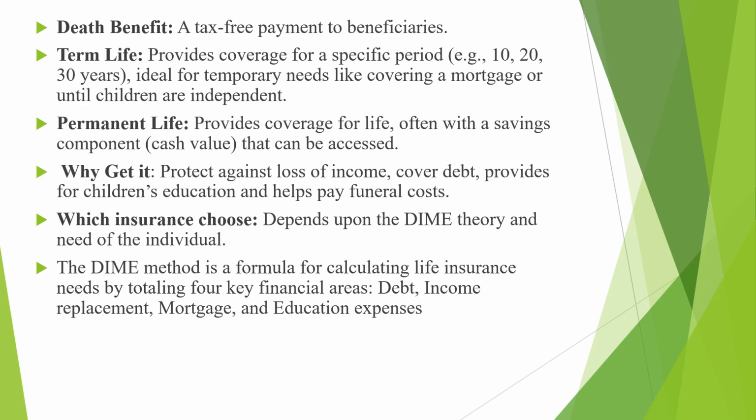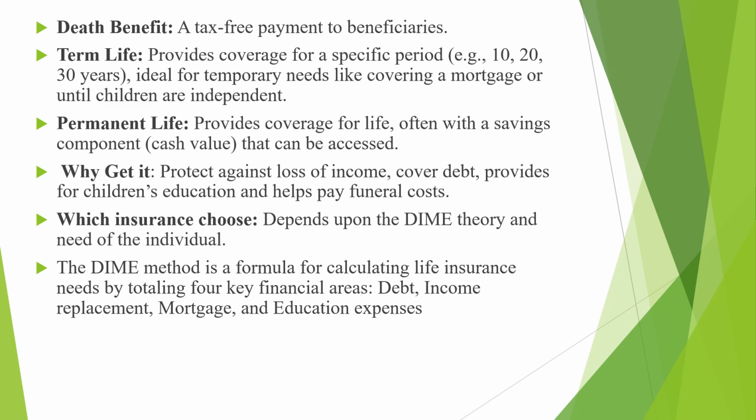Now, on the other hand, what does permanent life insurance mean? It provides coverage for life. In a term life insurance your coverage is 10, 20, 30 or 35 years. After that you are no longer covered, and if anything happens after that, the insurance company is not going to pay you anything.